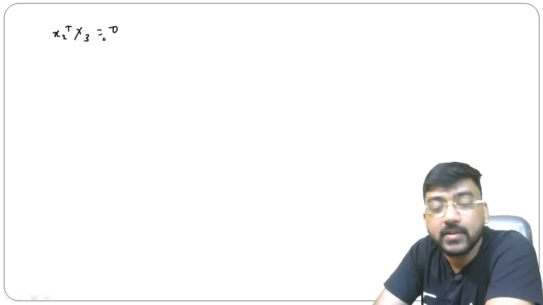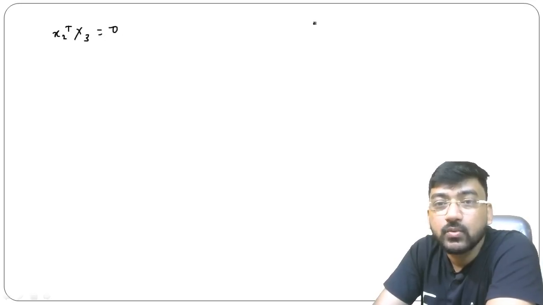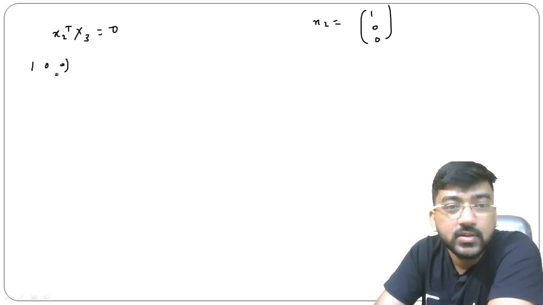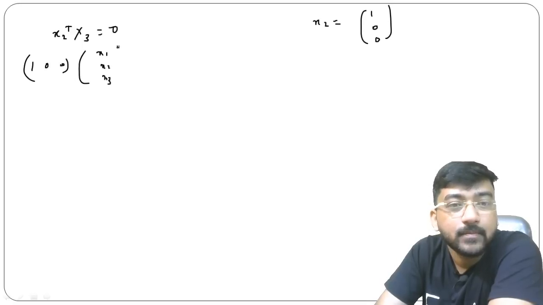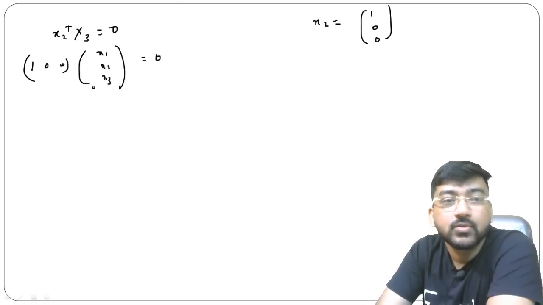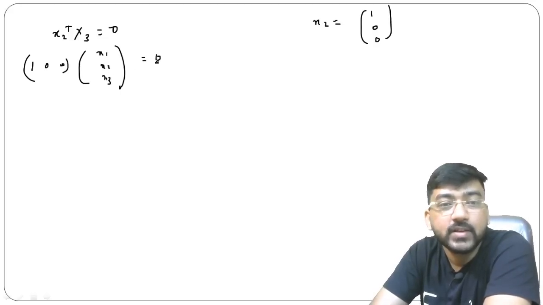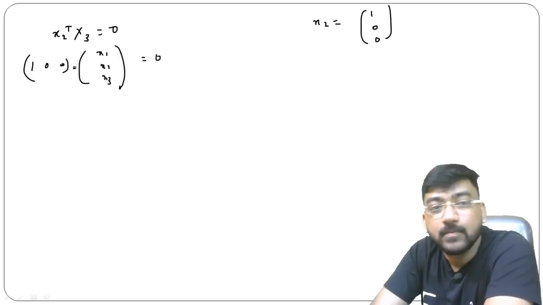So what is our x2? We have x2 as 1, 0, 0. So x2 transpose will be just 1, 0, 0 in this way. And x3, let us take as x1, x2 and x3.